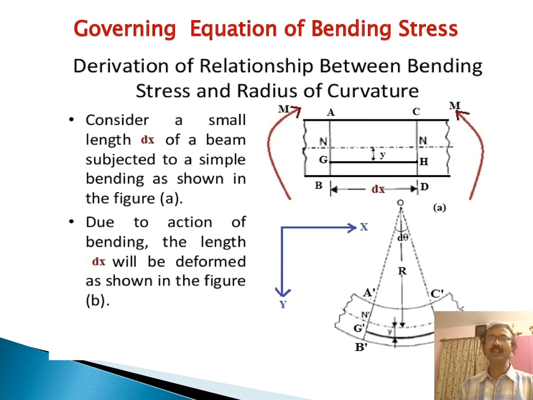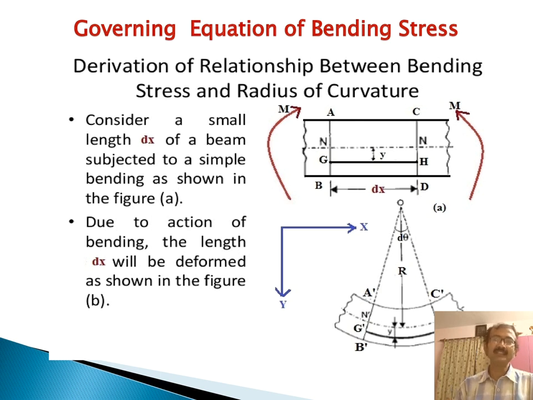Consider a small length dx of the beam, and AC is the part of the beam of length dx, subjected to bending as shown in figure A. Due to bending, the beam will be deflected, as in diagram B. Due to the action of bending, the length dx will be deformed and that length will be increased. Now N is the neutral axis.